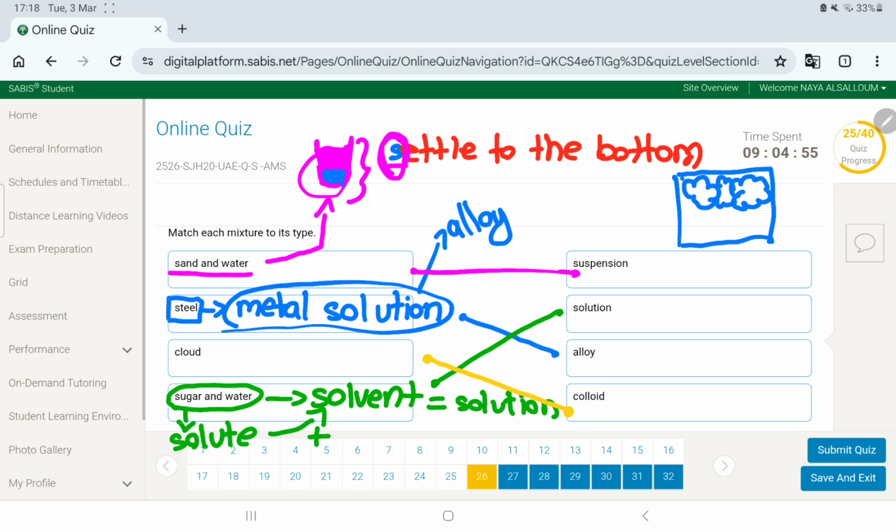So it's when small particles do not settle. Because you're not gonna wake up and see the clouds on the ground. Yeah, that's not ever happening. So, why is cloud a colloid? Because the cloud particles do not settle down. Also, I like to think about it: C for cloud, C for colloid.